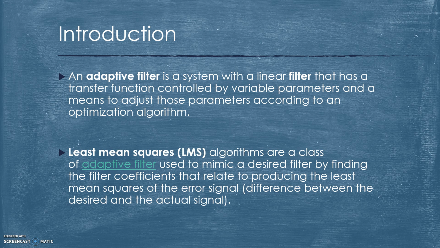While making an adaptive filter, we'll be using a least mean square algorithm for the design. So, what is exactly the least mean square algorithm? The least mean square algorithms are a class of adaptive filter used to mimic a desired filter by finding the filter coefficients that relate to producing the least mean square of the error signal, the difference between the desired and the actual signal.